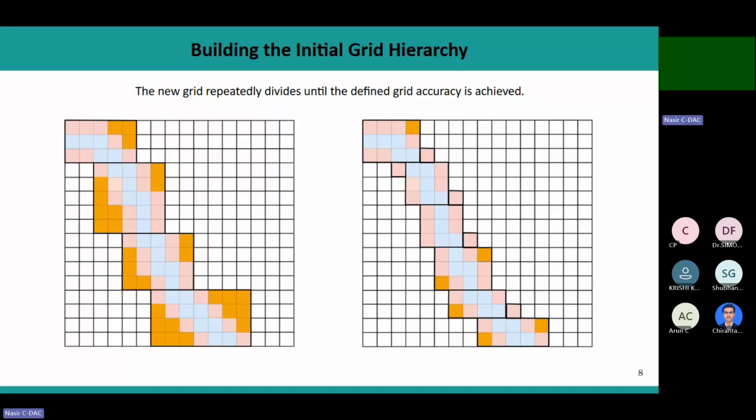You don't know the actual solution, so how can you say what the accuracy is? In this case, my target is reducing the unnecessary computation on the fine side. Here I created fine cells, then these are unnecessary calculations, but here we remove that.